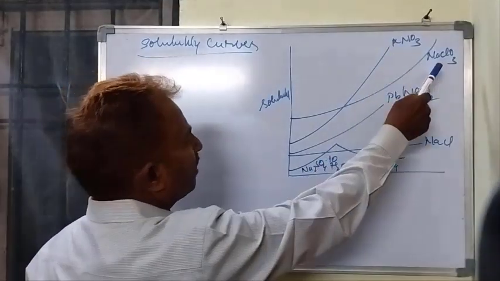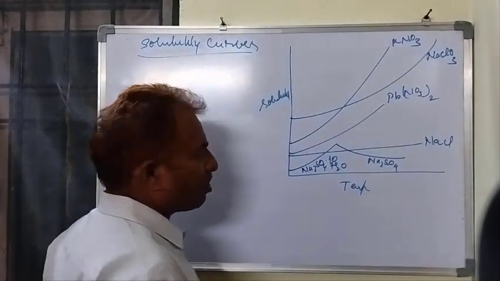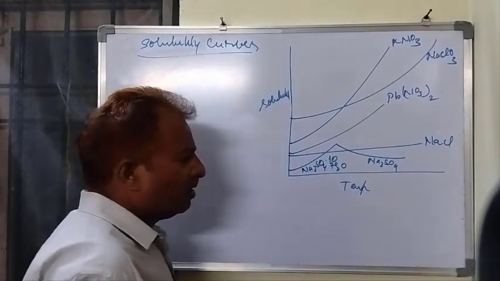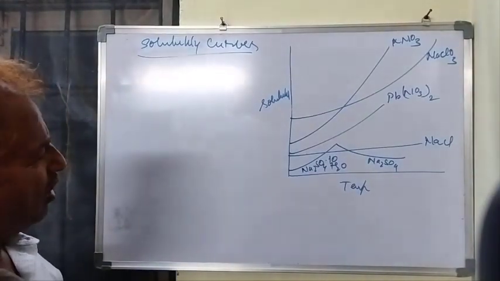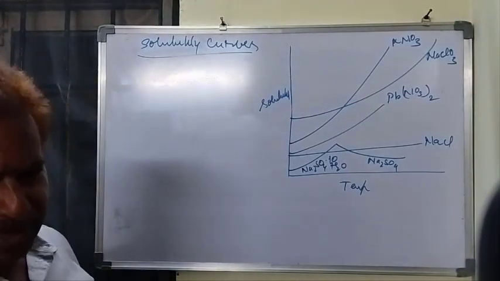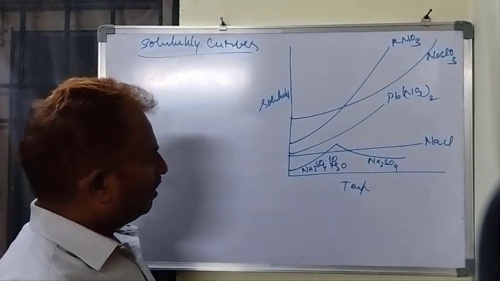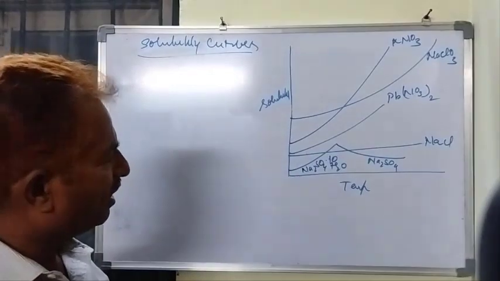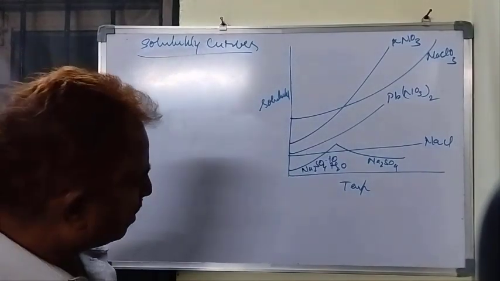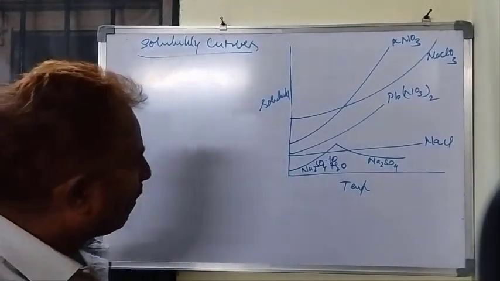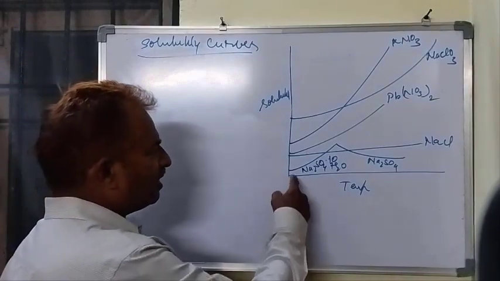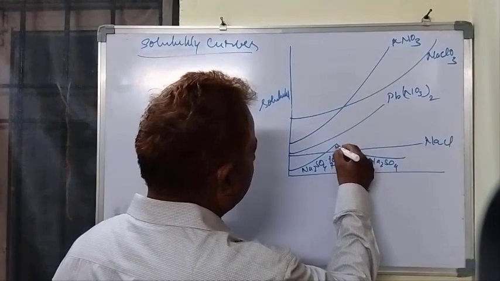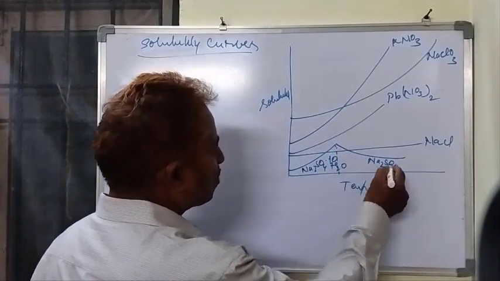In case of potassium nitrate, sodium chloride, lead nitrate, etc., solubility increases to some extent. In case of sodium chloride, solubility does not have any effect with increase in temperature, whereas for a substance like sodium sulfate decahydrate, that is hydrated sodium sulfate, solubility increases to some extent, and when it reaches a particular temperature, solubility starts decreasing.